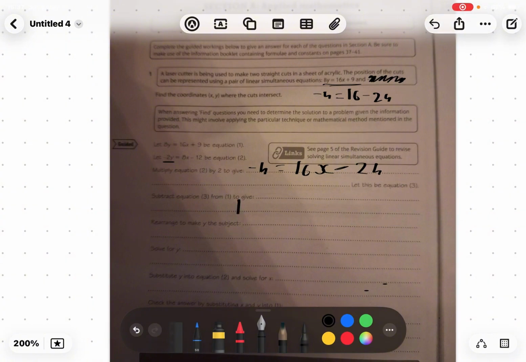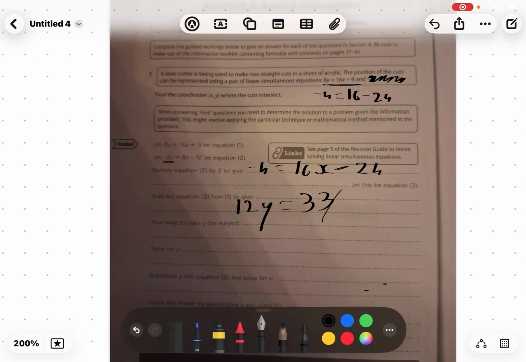So 12y, then these two negatives give 0, so there's no x, which is what we want. And then 9 take away negative 24, we get 33, because negative and negative equals positive.